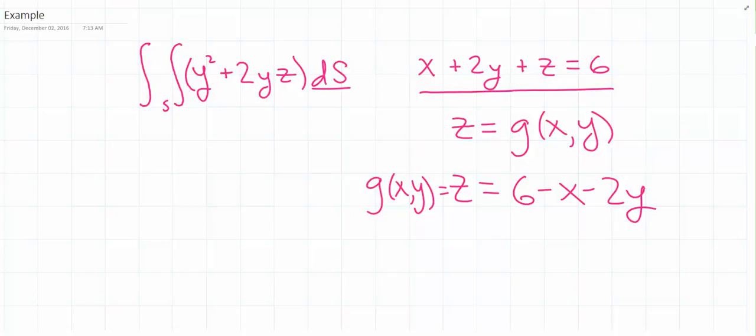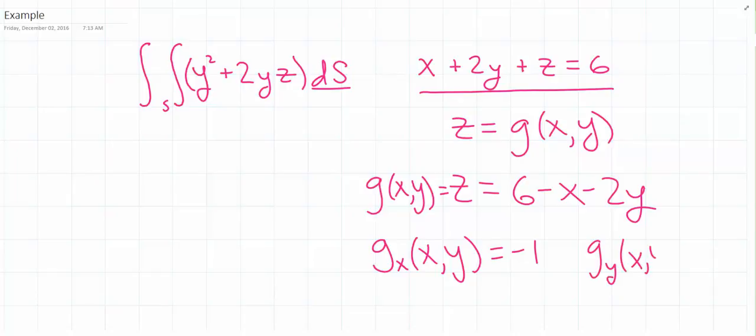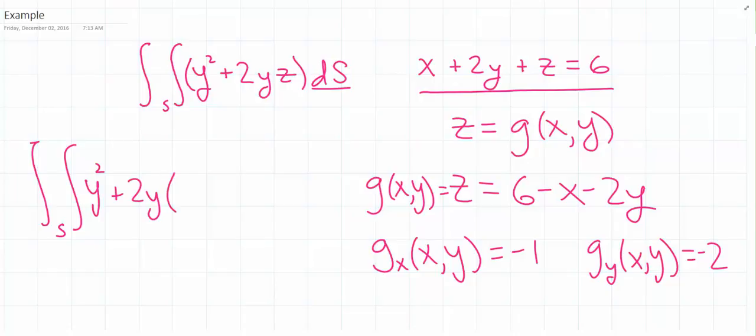So now, here I go. I'm going to say, okay, the partial with respect to x is -1. The partial with respect to y is -2. Okay? So now I'm ready to set up my integral. I've got y squared plus 2y, and in place of z, I'll put what z is.